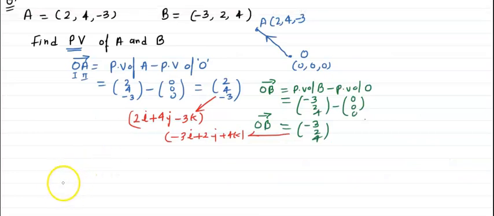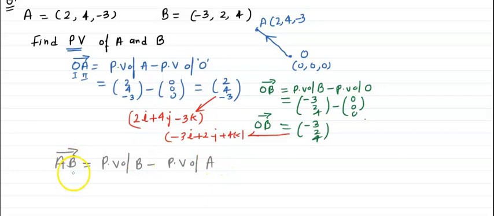Now, if it has been asked, find the position vector of AB. In this case, it will be position vector of B minus position vector of A. It is always second minus first. So position vector of B is -3, 2 and 4, and position vector of A is 2, 4 and -3.